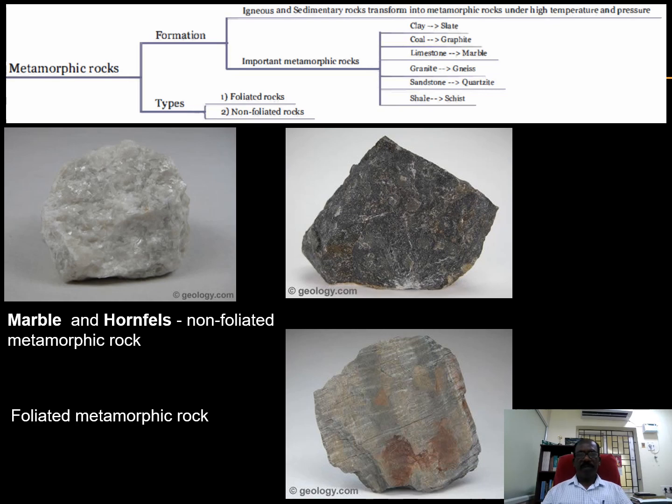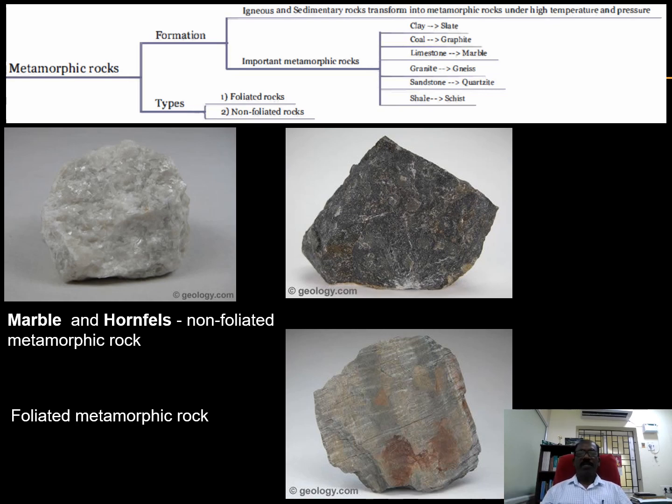These metamorphic rocks are formed when igneous and sedimentary rocks get transformed into metamorphic. Metamorphism is nothing but when these igneous rocks undergo high temperature and pressure, then these igneous and sedimentary rocks are converted into metamorphic rocks.